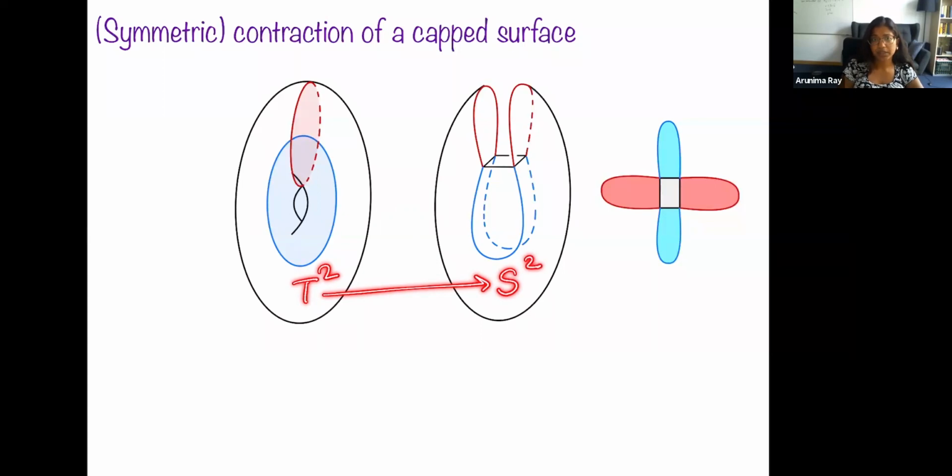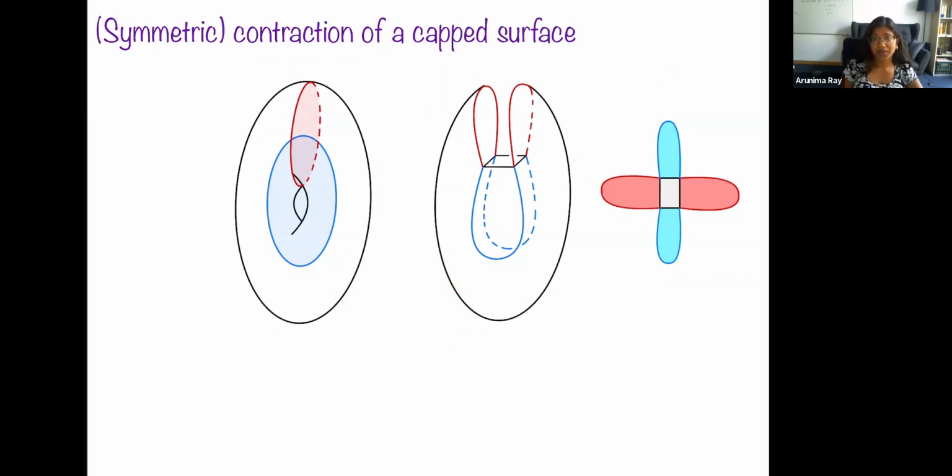Okay. So here is a way that you can get from a capped surface, capped meaning both meridian and longitude have these caps associated with them, and then they get this S2 at the end. And then once again, I've drawn the picture just with embedded caps, but you can do this with caps that have intersections. It's just much more annoying to draw.